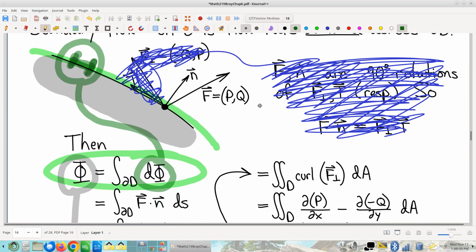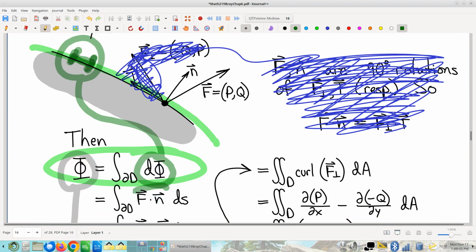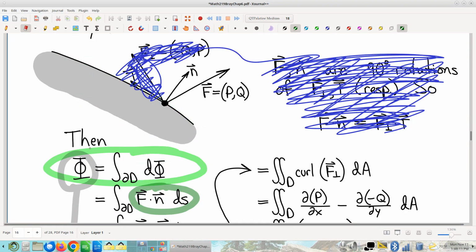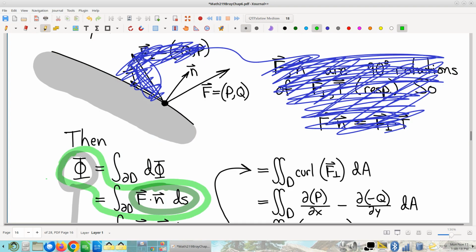And on a little piece of length ds, we just get that. So, all together then, our first crack at defining the flux is this integral right here, integral F dot n ds, and we have a problem.